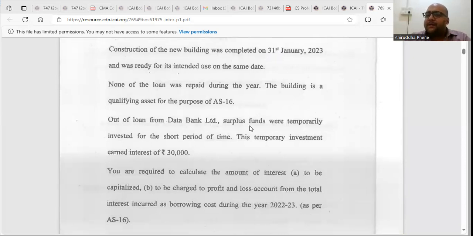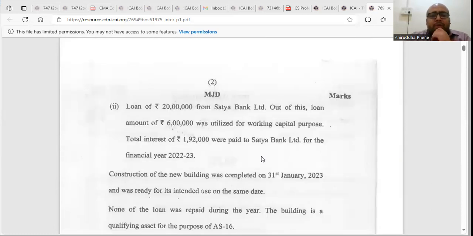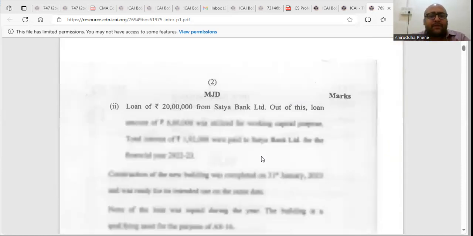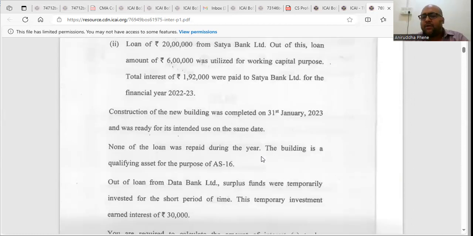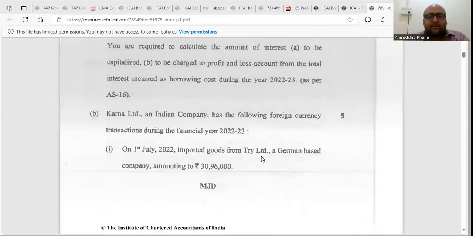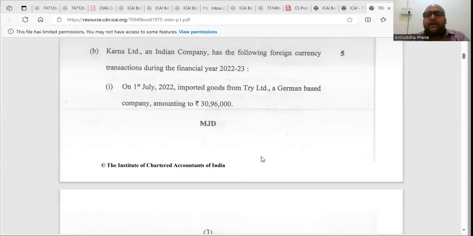So this is a basic AS16 question. Similar sum is there in the study material also. So it is not something that I feel was difficult. So first question 1A is a basic question on borrowing cost AS16. So if you know the fundamentals of AS16, you will be able to calculate.